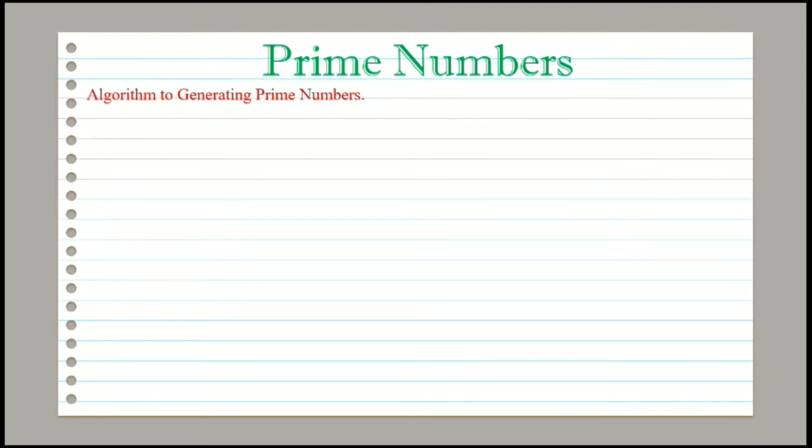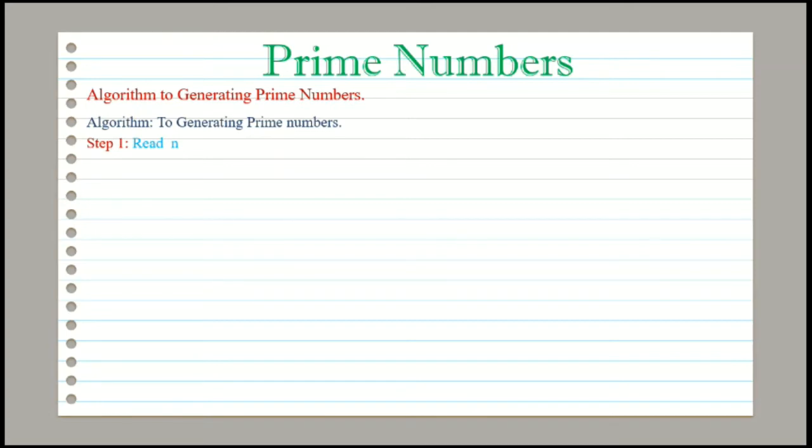Now we will see the algorithm for generating prime numbers. So the title of the algorithm will be to generate prime numbers. In step 1, we will take input. So the statement will be read n. This n value is used to generate prime numbers up to the nth value.